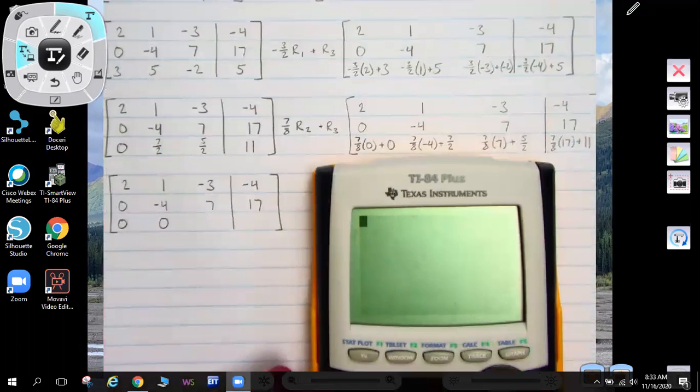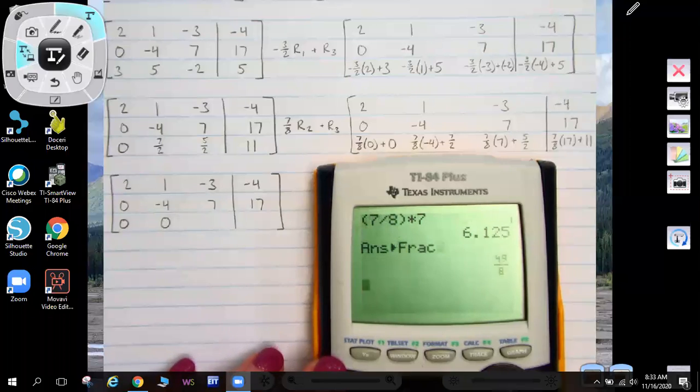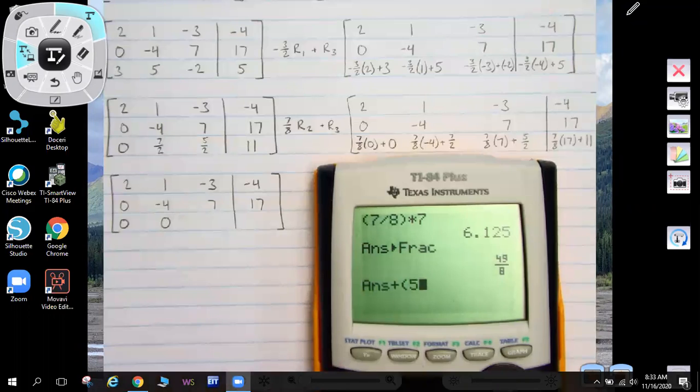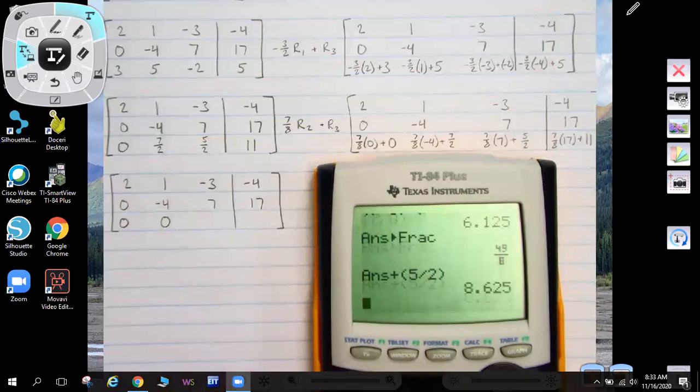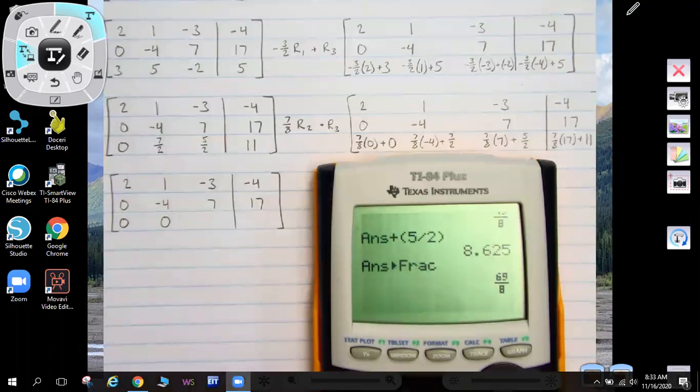Okay, the next number we have 7/8 times 7 plus 5/2, which is 69/8. I know it's not a very fun fraction, but I would still rather you keep these numbers as fractions than write the decimal form.